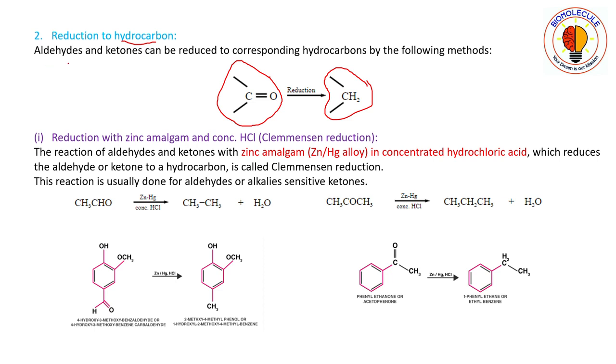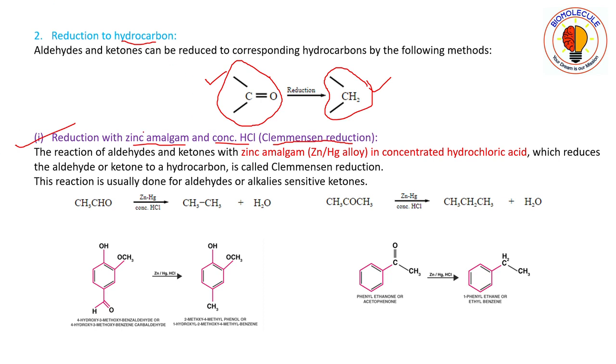Aldehydes and ketones can be reduced to the corresponding hydrocarbons by the following methods. See, this one is a carbonyl compound, you reduce it and get a hydrocarbon, and these are some methods. The first one is reduction with zinc amalgam and concentrated HCl, also known as Clemmensen reduction. This one is important for your boards as well as entrance examinations.